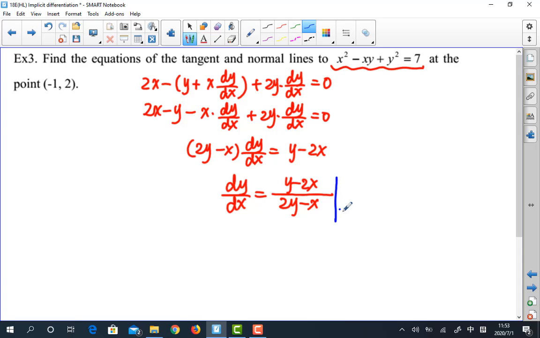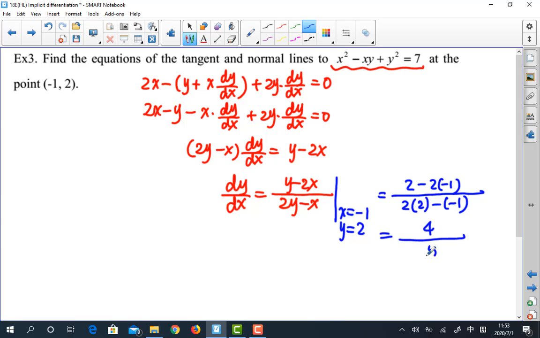Find the particular gradient at -1, 2, at x equals -1, y equals 2. So let's replace x with -1, replace y with 2. So it should be 2 minus 2 times -1, over 2 times 2 minus negative 1. So the answer should be 4/5.